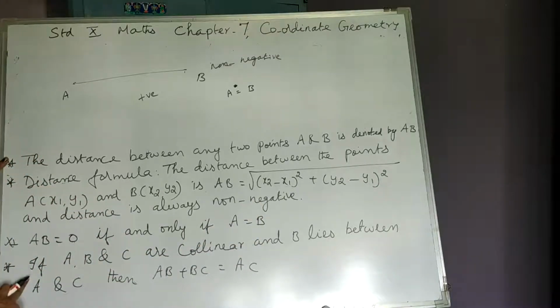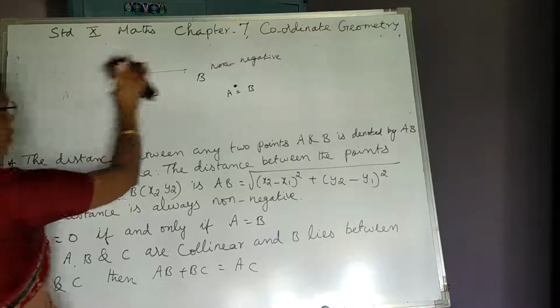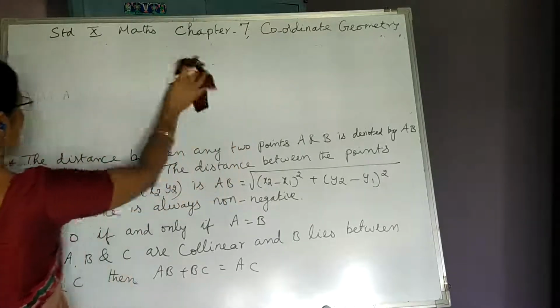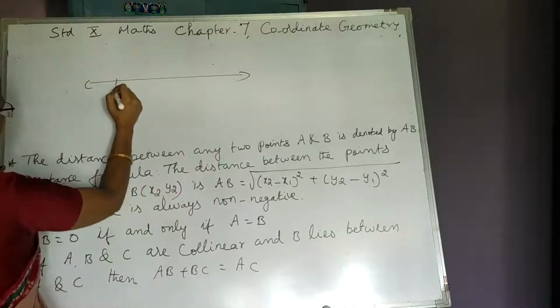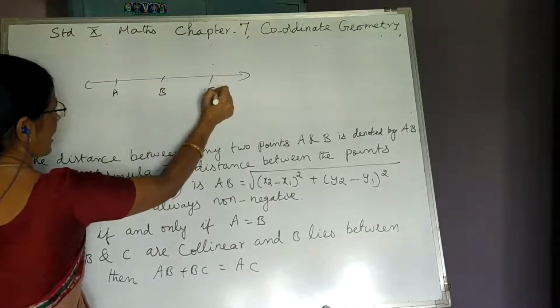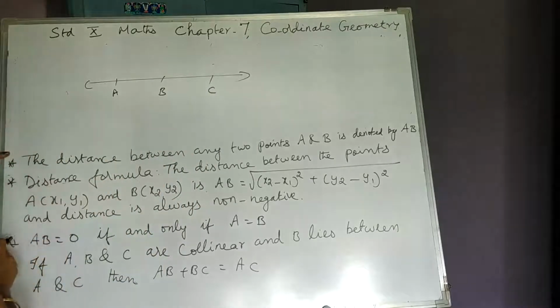The next point is, if A, B and C are collinear. You know what collinear points are? Points which lie on the same line. You can find A, B and C lie on the same line. Therefore, they are collinear points.